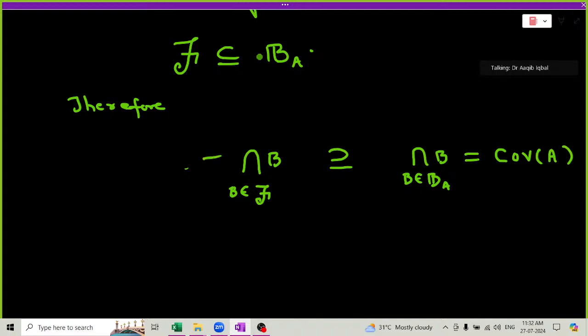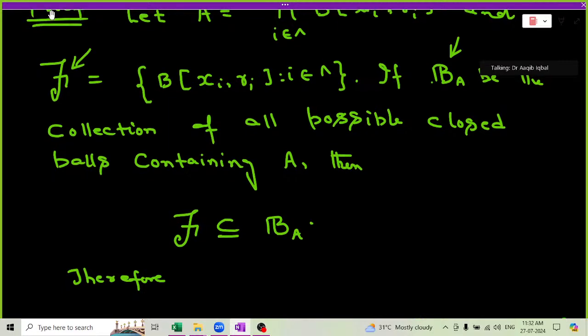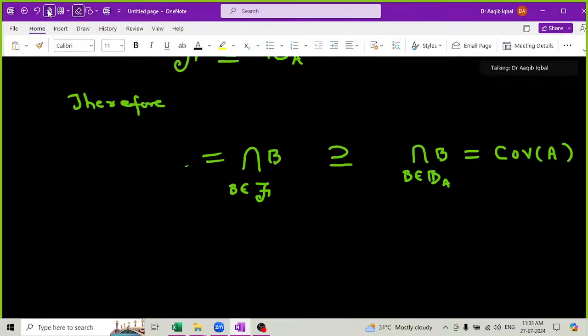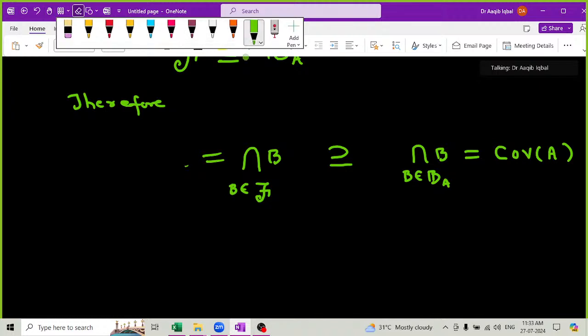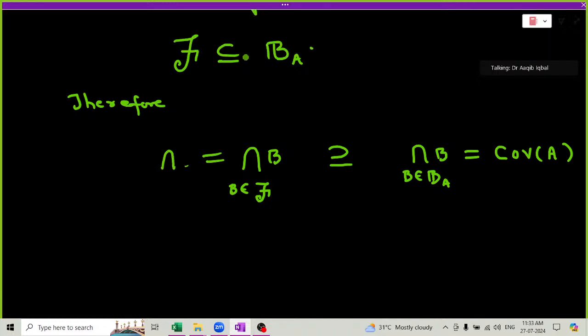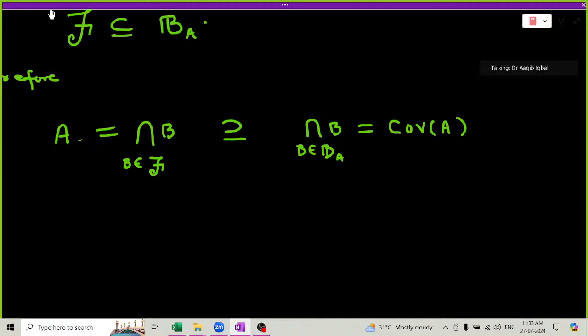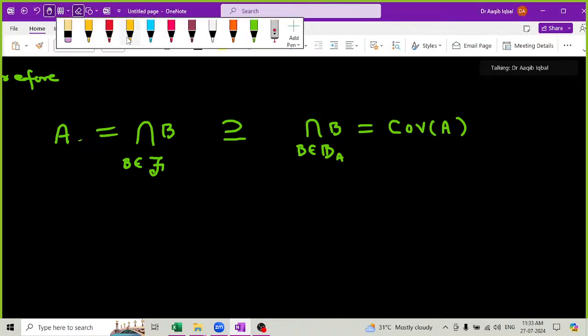And what is this? Fancy F is this collection, and the intersection of all the balls in fancy F is this intersection, which is equal to A. So that means A is containing the cover of A. A is containing its cover, and the cover already contains A, that's the definition.